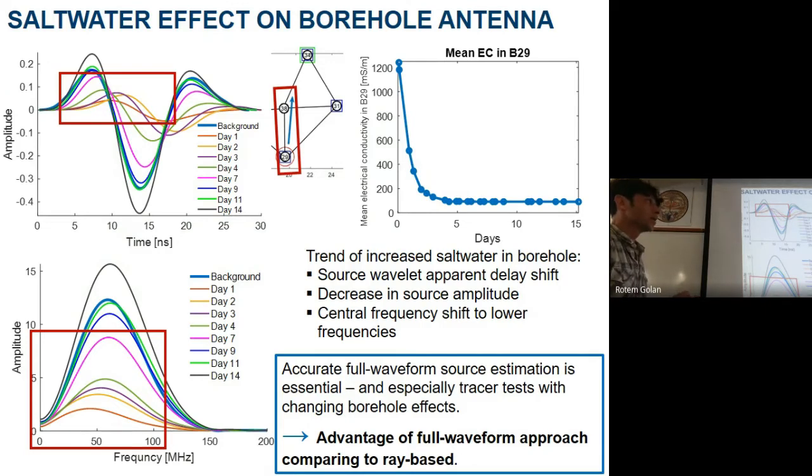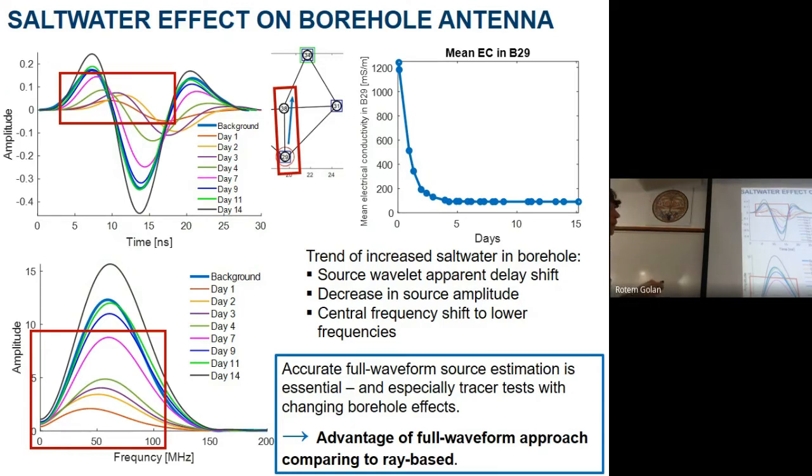So in the injection borehole 29, we can see that in the first days the electrical conductivity was very high, and until about day 4 it returned to the background levels.